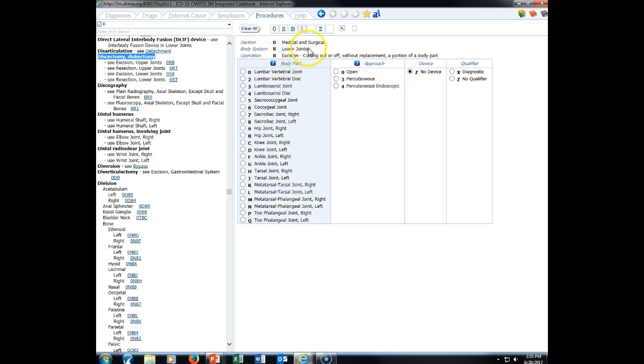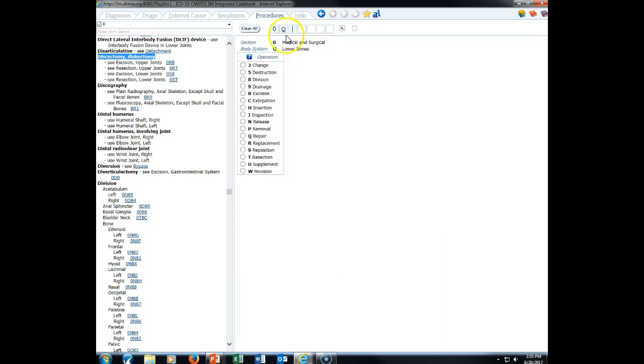We're using lower joint instead of what we chose before, which was lower bone as opposed to lower joint. And we really need to choose lower joint.